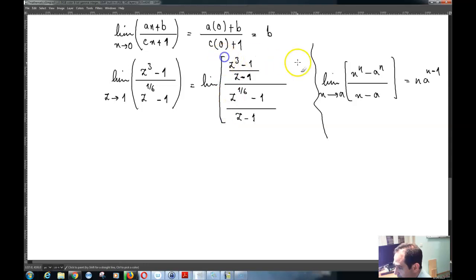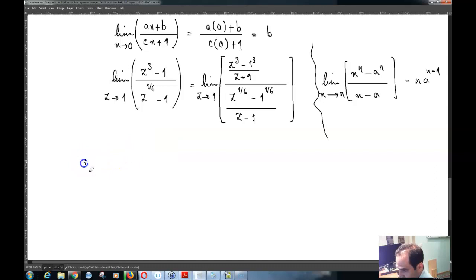And so you want to take the limit of this as z tends to 1. And of course I can write 1 and 1 cubed would be the same thing, and 1 and 1 raised to the power 1/6 would be the same thing.